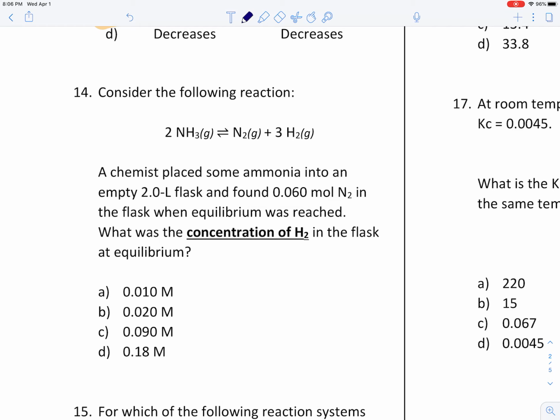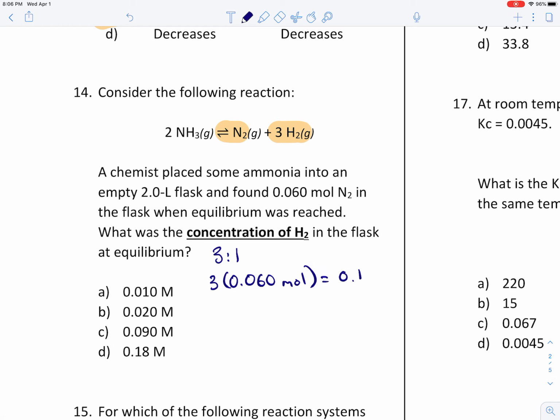Well, we look up at the balanced equation and we see that the nitrogen's coefficient is a 1, while the hydrogen's coefficient is a 3. That means there's a 3-to-1 ratio hydrogen to nitrogen. So if we got 0.060 moles of nitrogen produced, we would get 3 times that, 3 times 0.060 moles.